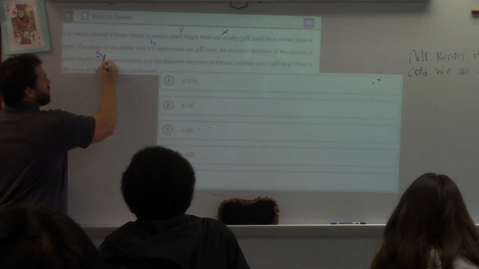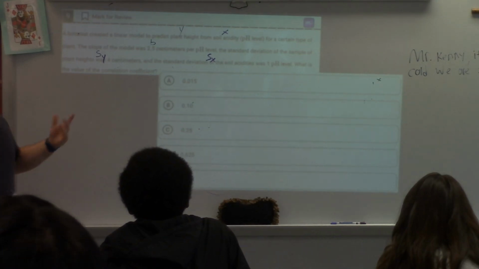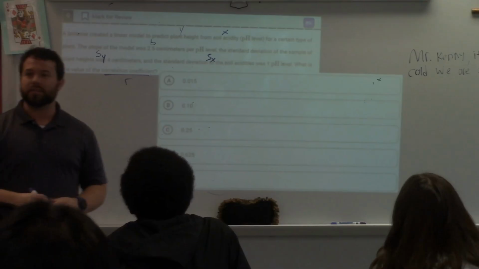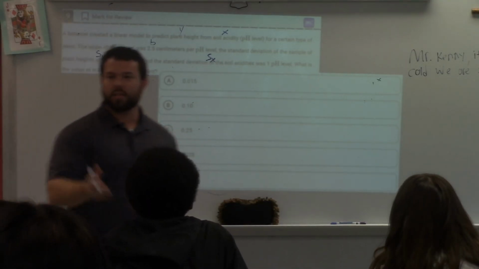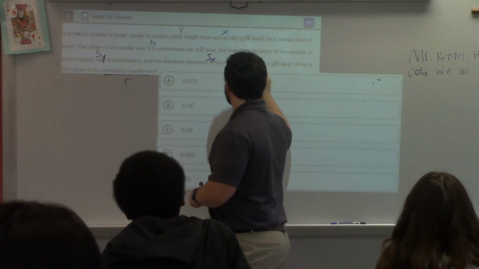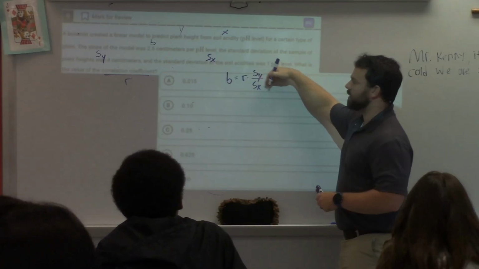So standard deviation of y and standard deviation of the soil acidity, standard deviation of x. And then also we're looking for r. Is there anything that relates those four things? The formula. There is a formula, yes. b is equal to r times s sub y over s sub x, right? Standard deviation of y, standard deviation of x.